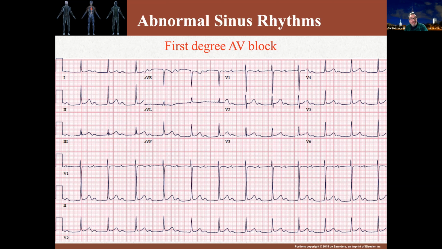The QRS complex tends to be normal with a normal duration. Here's your QRS, T wave, and your P wave. P waves, remember, are followed by QRS complexes. So where's your QRS complex? It's here. Notice the duration of this PR interval is 40 milliseconds.